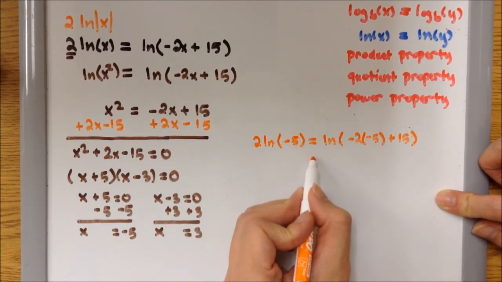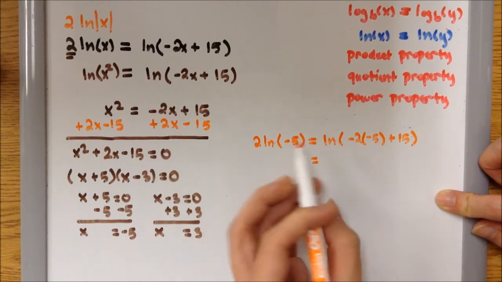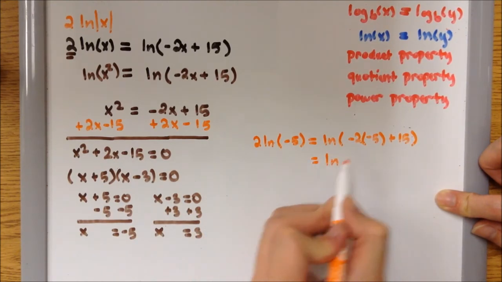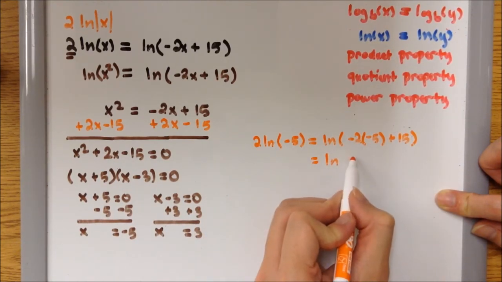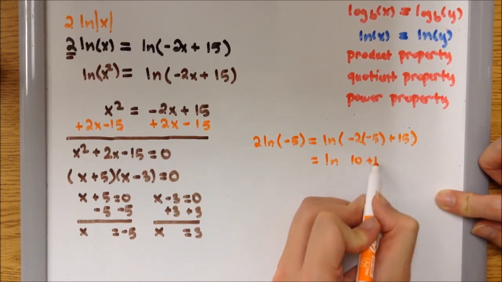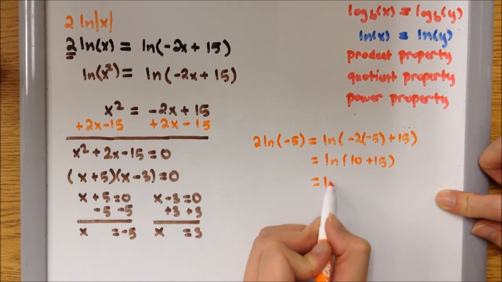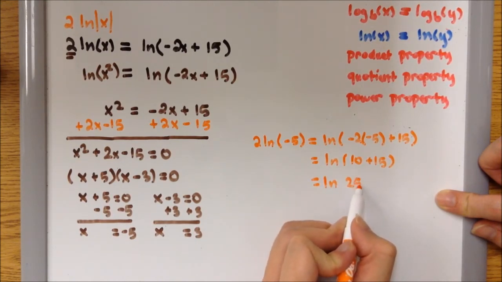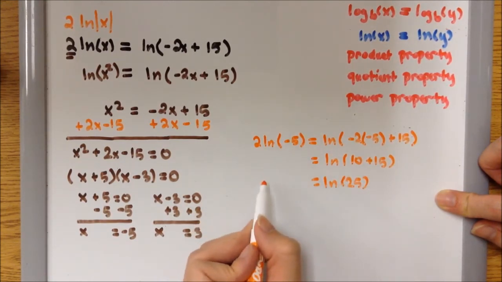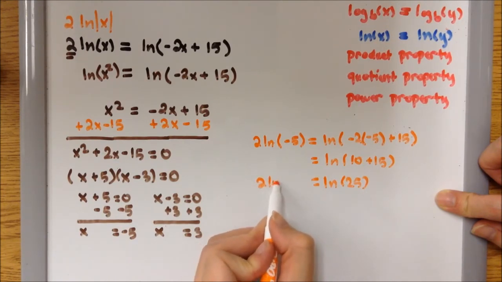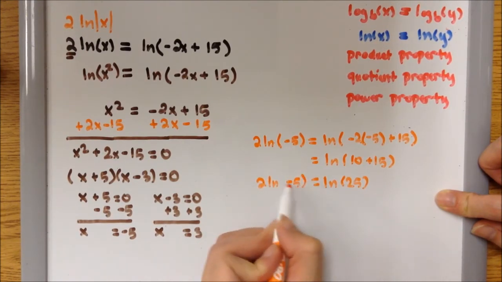So, natural log of negative 2 times negative 5, that's just a positive 10, plus 15, which is natural log of 25. And I'm going to bring down 2 natural log of negative 5.